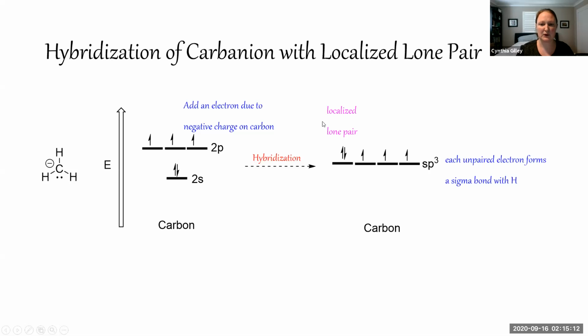That's really important to understand: that carbon has a lone pair in a hybridized orbital, and because it's in a hybridized orbital, it's localized, meaning it does not delocalize over a series of atoms. Instead, it's localized on this carbon. The other 3 unpaired electrons will go on to form sigma bonds with a 1s electron from the 3 hydrogen atoms.